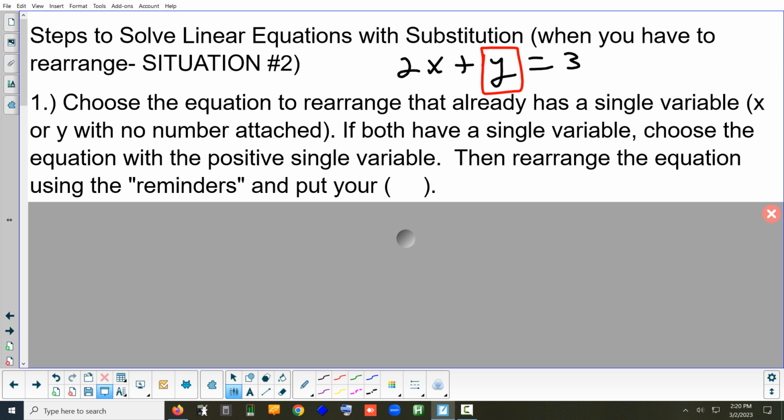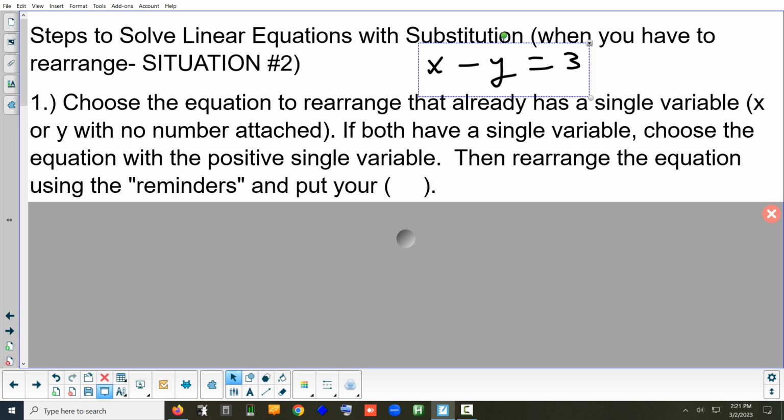Then the next sentence says, well, what if both of the equations are single variables? Like, let's say you had something like this. x minus y equals 3. Well, you have to get one of those letters by itself. So now you have a choice. Which one do you want to get by itself?